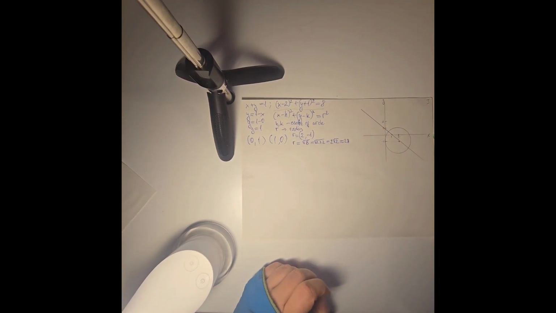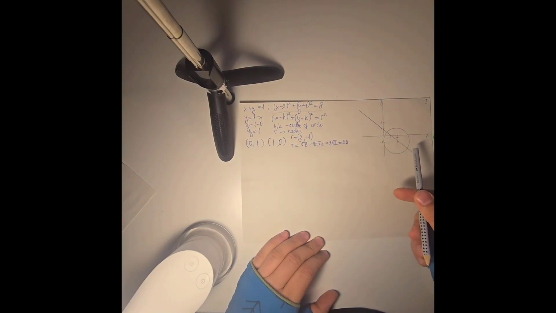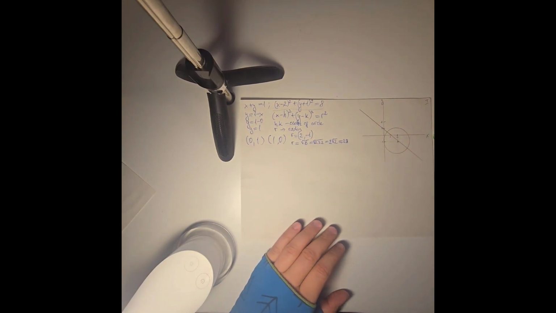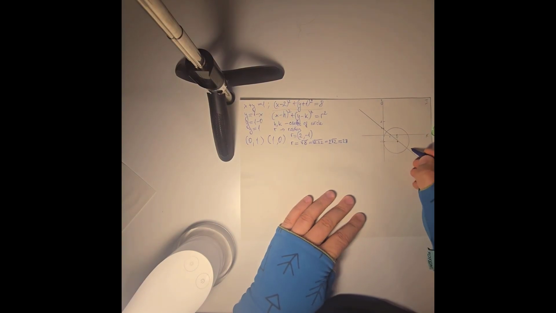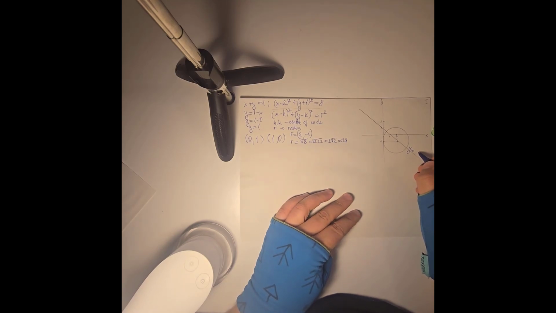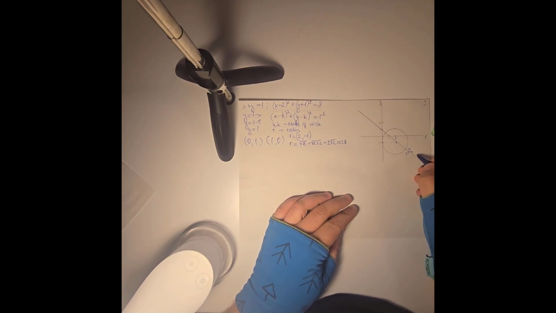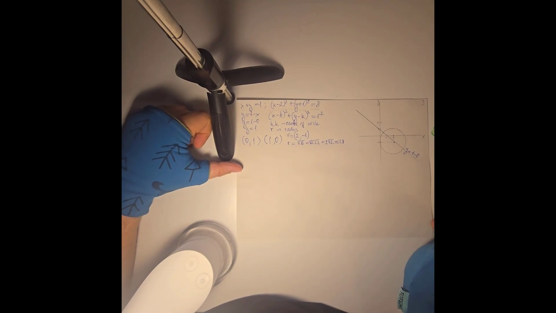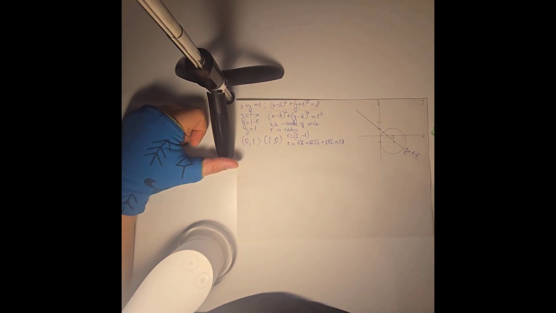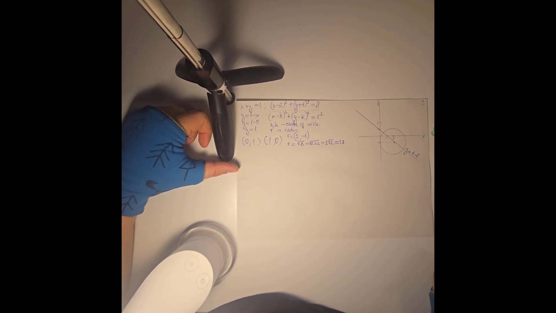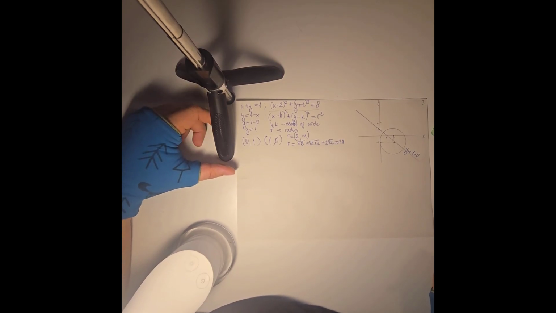Where are the points of intersection between our line, let's name our line y equals 1 minus x, and the circle? How do we find the points? That's a great question, and the answer is we have a lot of ways. We have an easy way to just plot it with Python code, but the standard way is to start calculating.